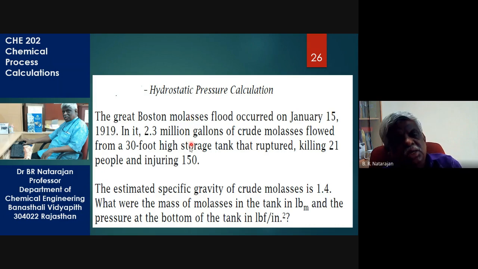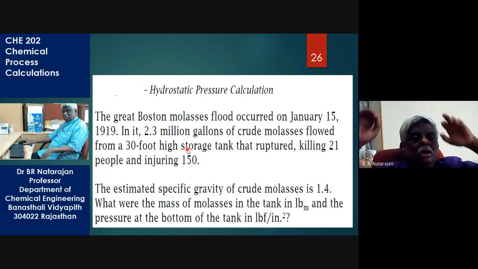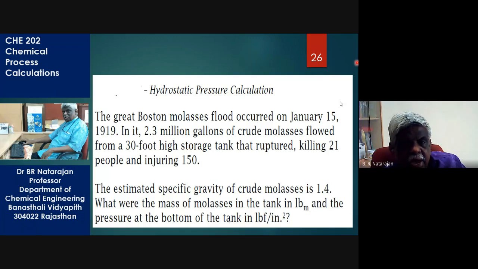So in Boston, they had a big tank of molasses, and the tank broke on January 15, 1919, and 2.3 million gallons of crude molasses flowed from a 30-foot high storage tank that ruptured, killing 21 people and injuring 150.